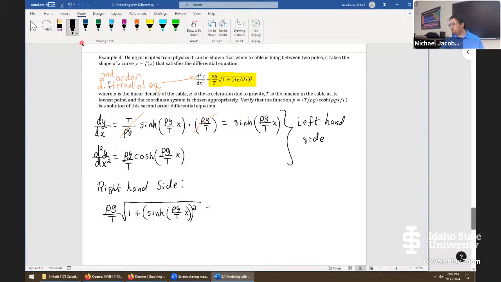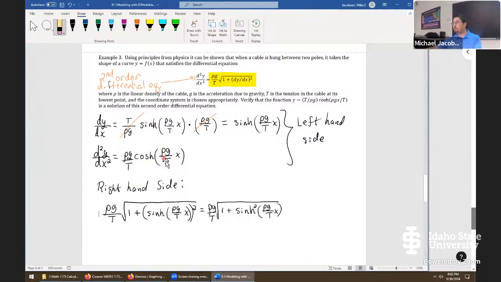Now, continuing on the problem, we can write that this is hyperbolic sine squared. That's not a huge step, but we would get 1 plus sinh squared of rho g over t times x. And I noticed I forgot to copy something in. Let me see if I can sneak it in there. I forgot the constant out in front, rho g over t. So far, so good, I guess.